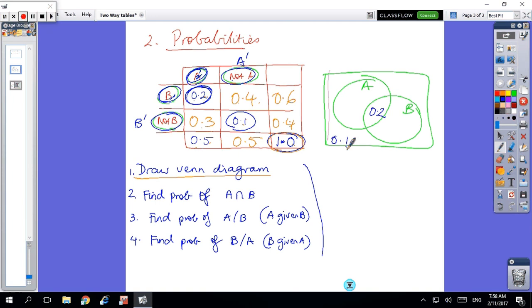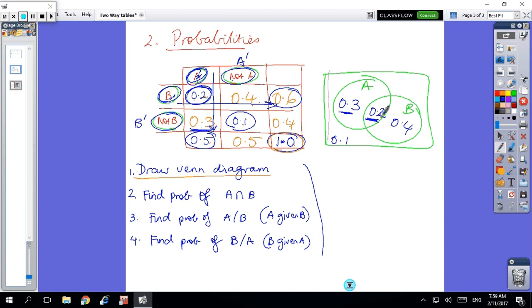Okay. Now we know that A adds up to 0.5, and we've already used up 0.2, so we must have 0.3. Okay, so that's A and not B. And then we've got B. B adds up to 0.6, and I've already used 0.2, so I have 0.4 left over.